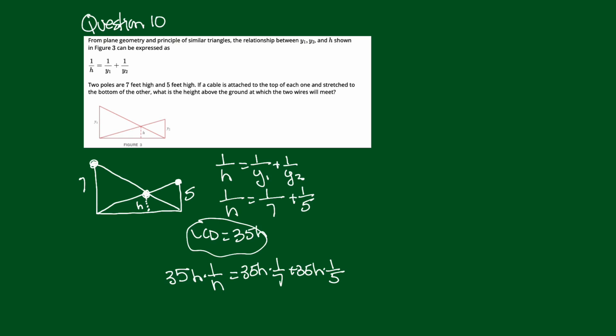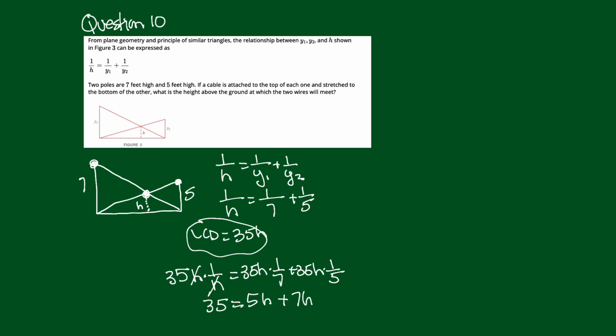Now, all the denominators cancel, right? So h into h is gone, and then I get 35 times 1 is 35 equals. Now here, 7 will go into 35 5 times, so I'm left with 5h times 1. I'm left with 5h plus, and then over here, 5 will go into 35 7 times. 7h times 1, I'm left with 7h.